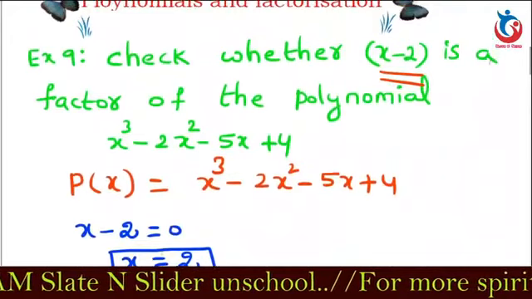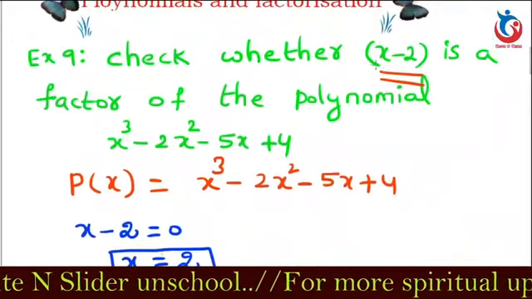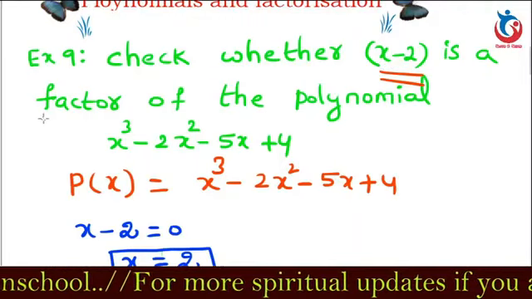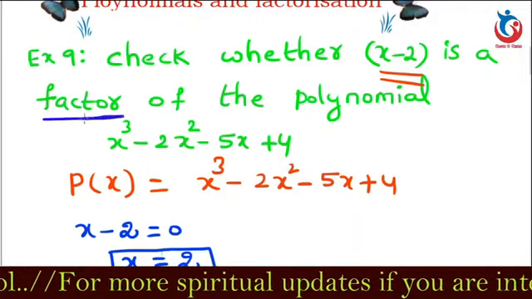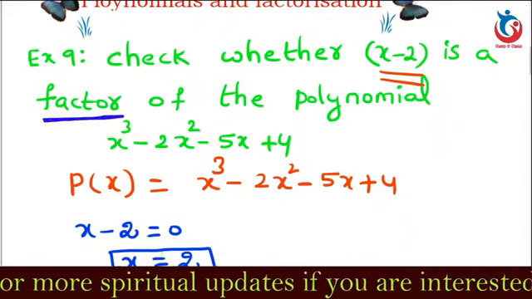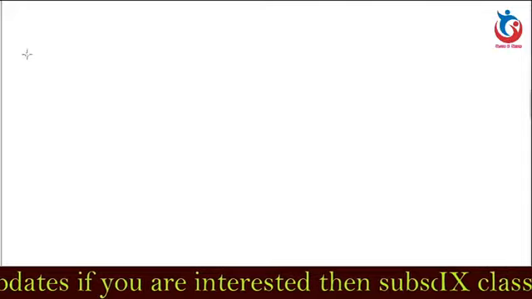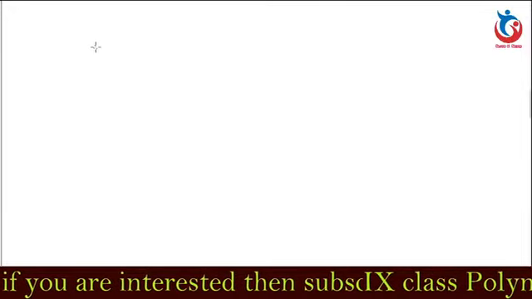The question is, check whether x minus 2 is a factor of the polynomial. Here the word factor is important. So for this I will explain one more example. Suppose we have a number 8.